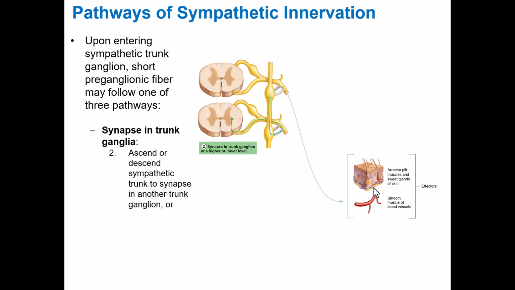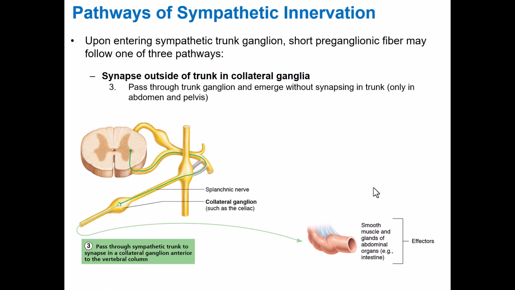And then this last example is showing you how sometimes the preganglionic neuron doesn't even use the sympathetic trunk ganglion.